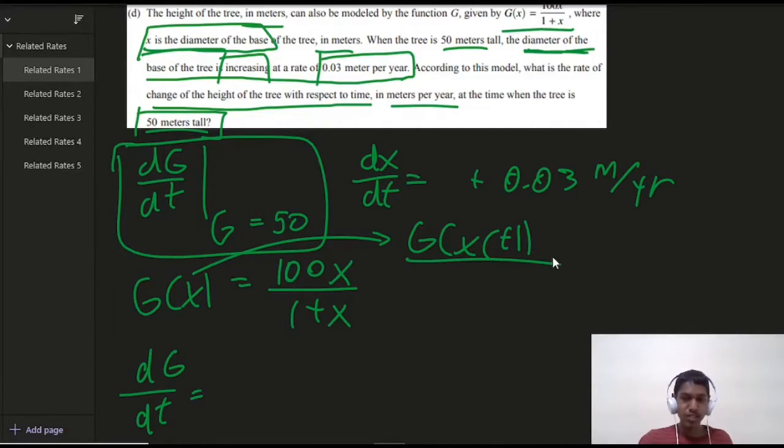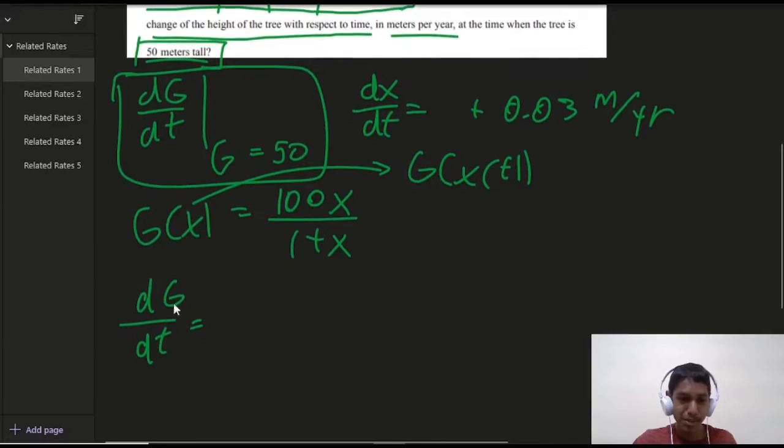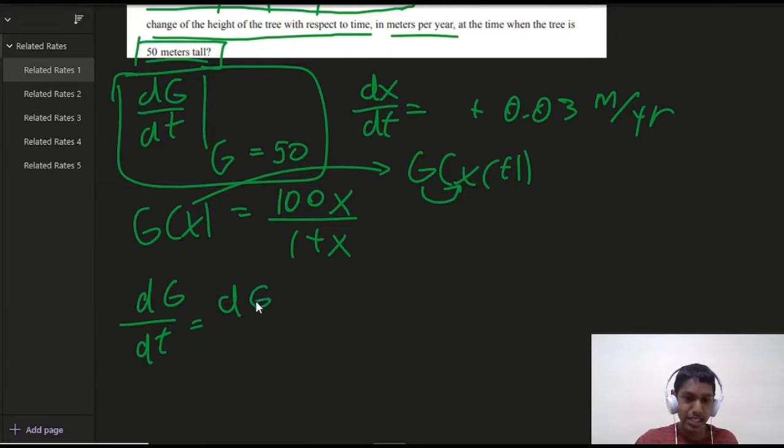Now, in order to differentiate this with respect to t, you need the chain rule. So I'm going to write this as dg/dt, and then you have to find the derivative with respect to x, dg/dx. So this is the equivalent of f prime of g in your chain rule.